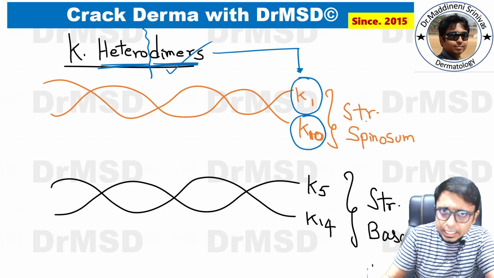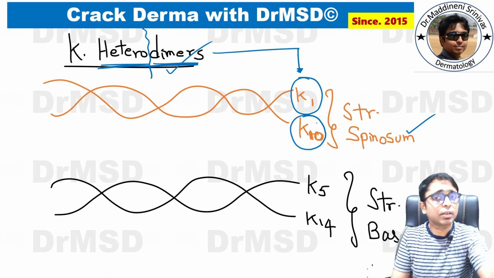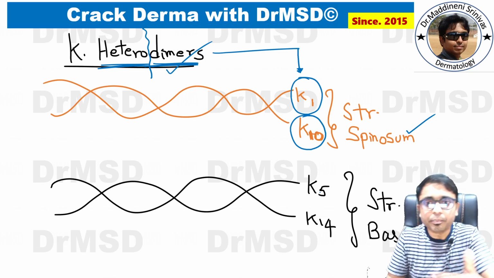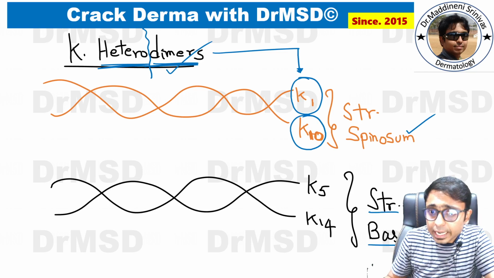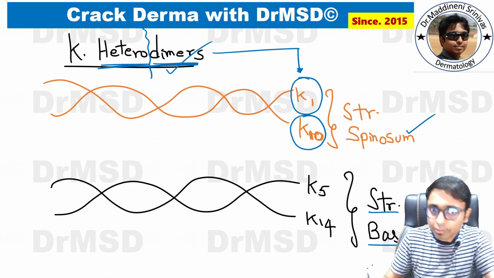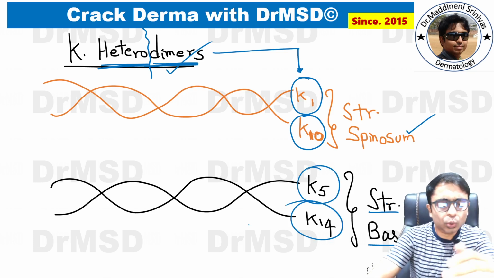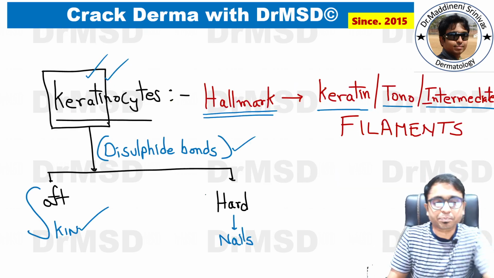In the epidermis, stratum spinosum has a combination of keratin 1 and keratin 10, and in the basal layer, stratum basale, the combination is keratin 5 and keratin 14. These are the two things you must remember.